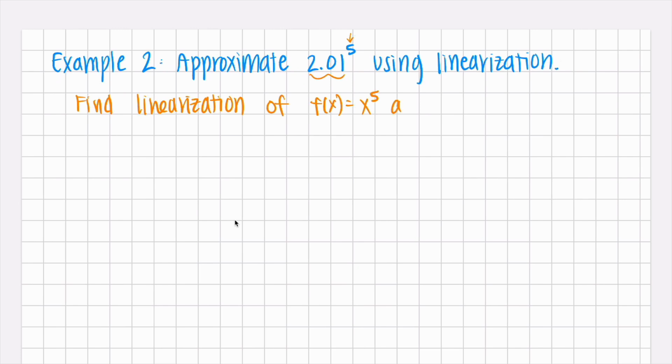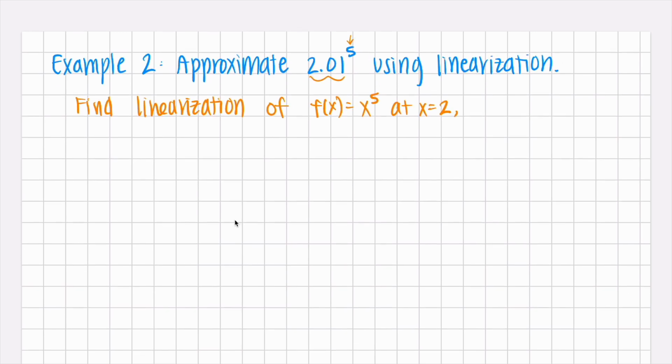So let's say at x equals 2 because that's close to 2.01. And let's use that tangent line to approximate f of 2.01, which will be your 2.01 to the 5th.